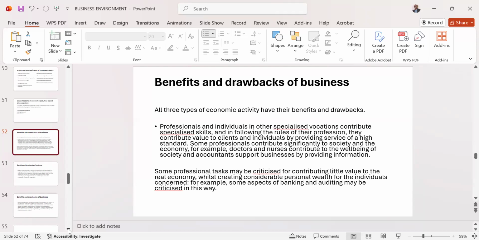Society criticizes them because they are not contributing to its development. They see that all they do is just make money and make money.